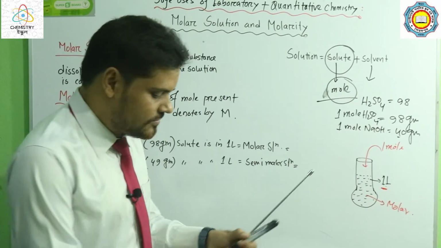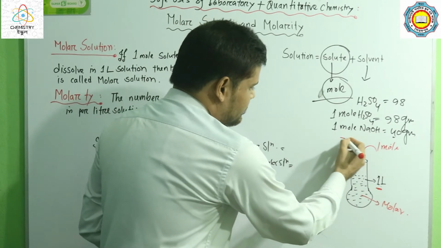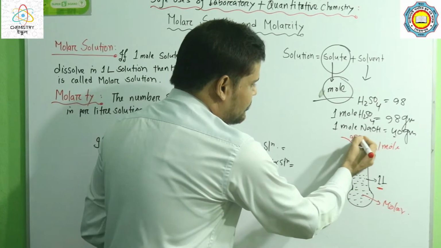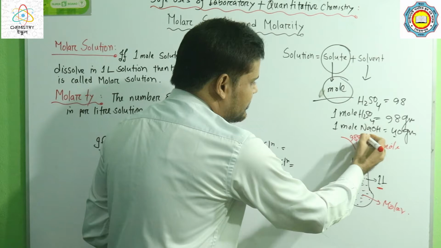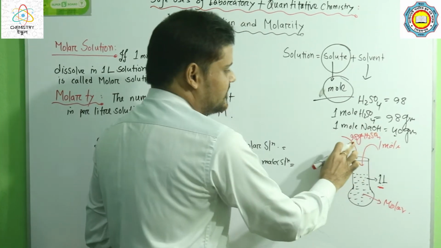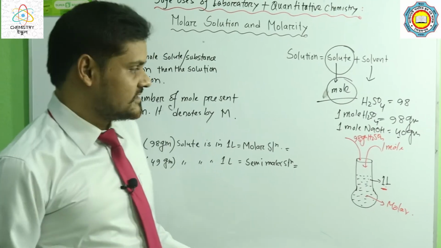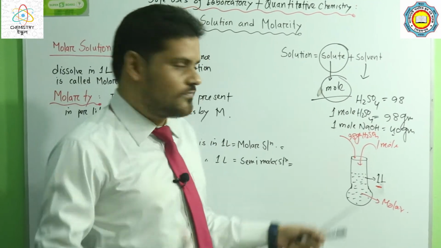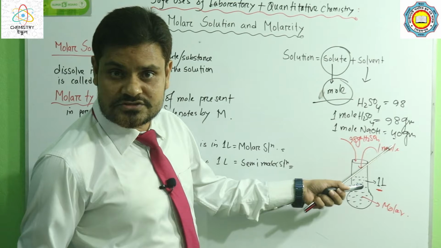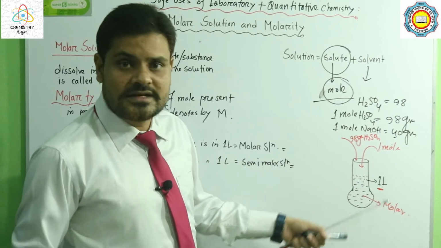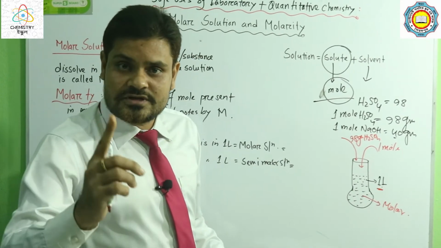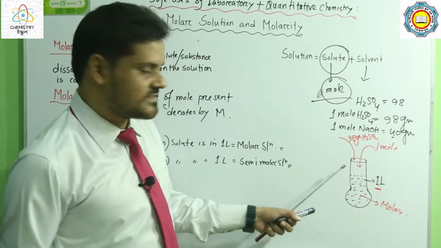If we dissolve 98 gram of sulfuric acid, I mean 1 mole, then it will be the molar solution for sulfuric acid. On the other hand, if we dissolve 40 gram of sodium hydroxide in 1 liter, then it will be the molar solution of sodium hydroxide.